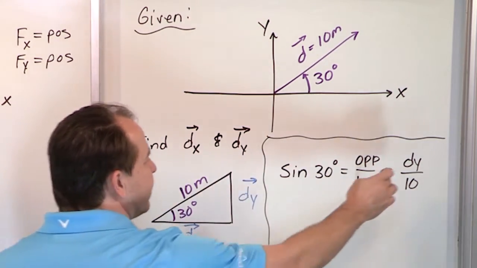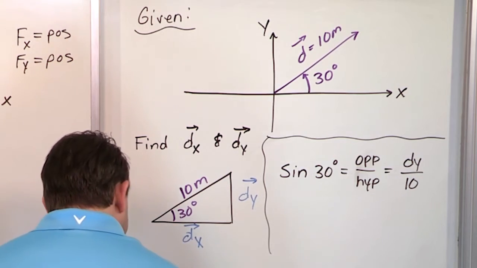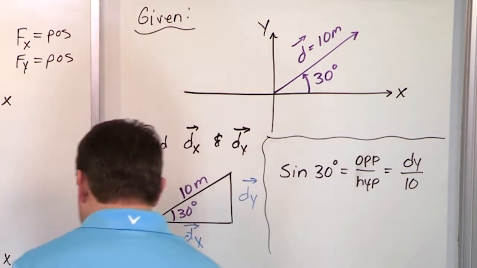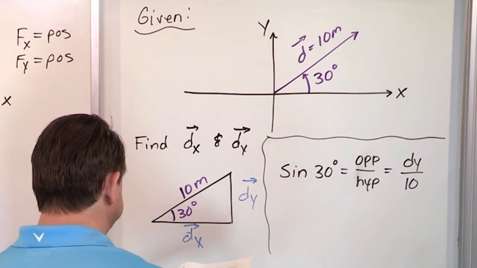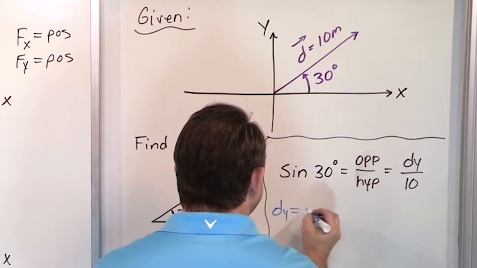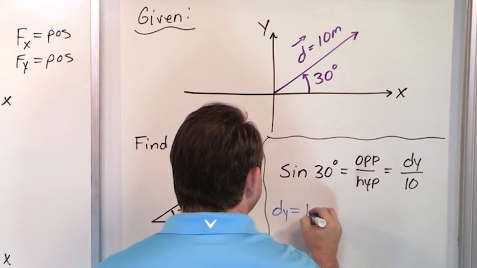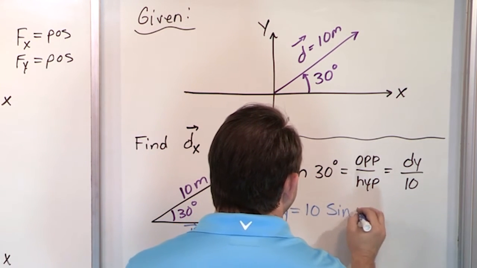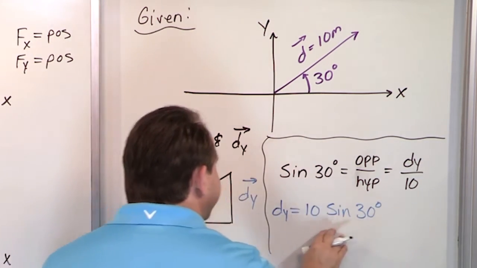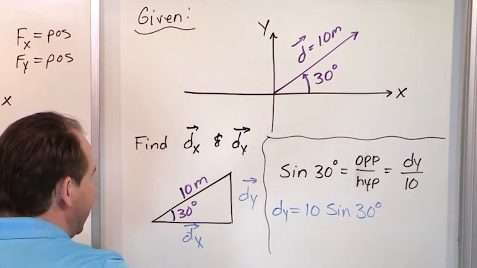But anyway, we want to solve for dy. Before I take the sine or cosine of anything, let me rearrange things a little bit. dy is going to be equal to 10 times the sine of 30 degrees. This is a very useful form because it's chopping, for lack of a better word.